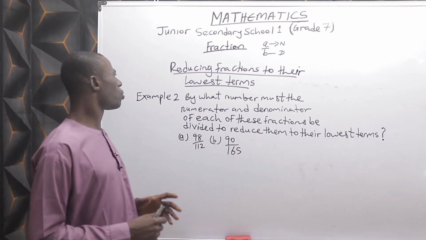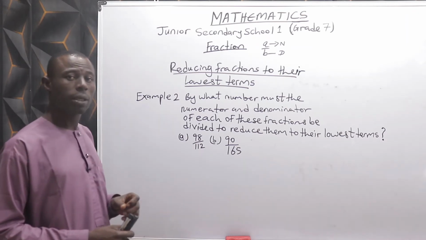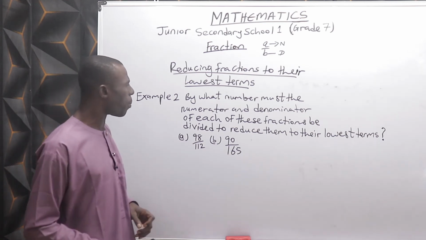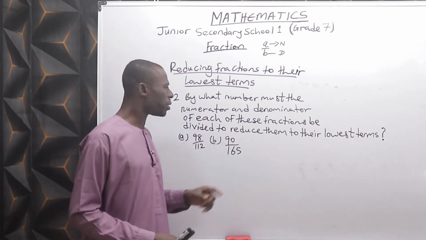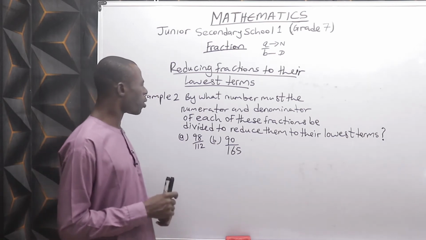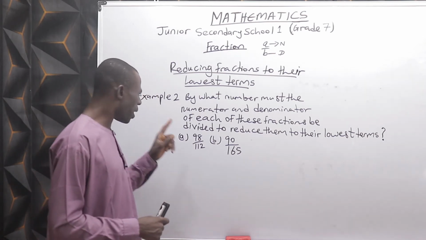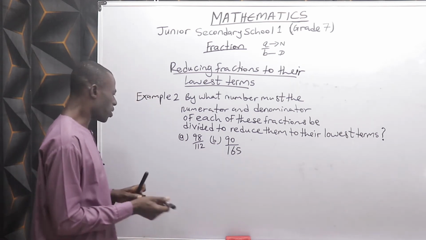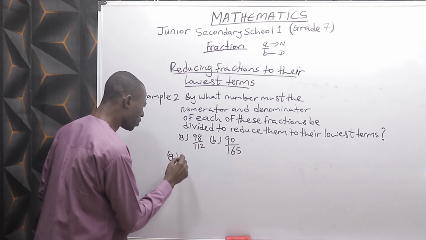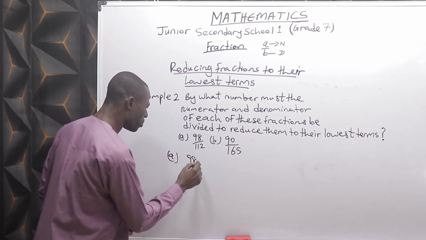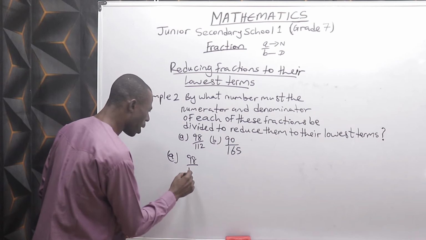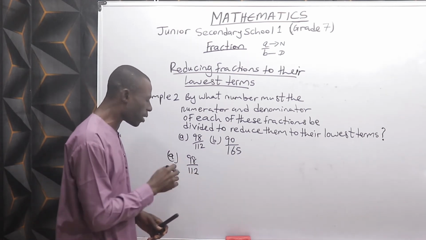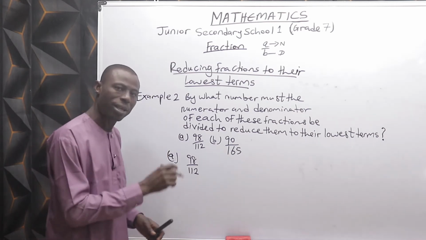Reducing fractions to their lowest terms is still the point of consideration. Example 2. By what number must the numerator and denominator of each of these fractions be divided to reduce them to their lowest terms? Question A. By what number must 98 be divided and also 112 be divided to reduce the fraction 98 over 112 to its lowest term?